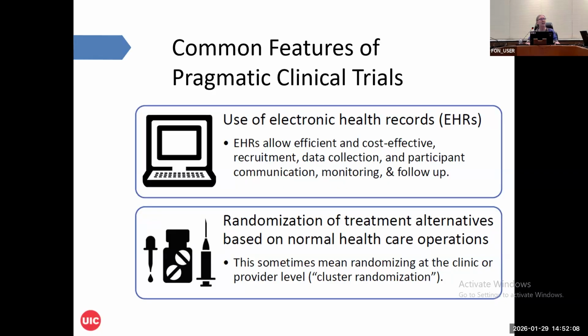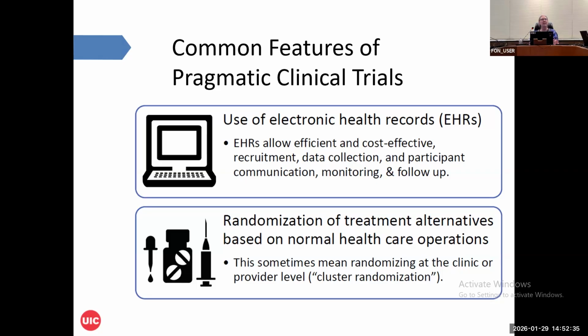So they're already collecting this data. I can implement an intervention but not ask anything more for data collection, because pain is already in the electronic medical record.